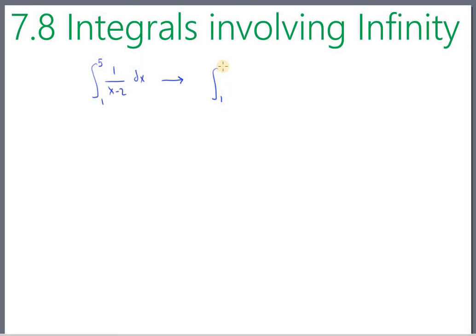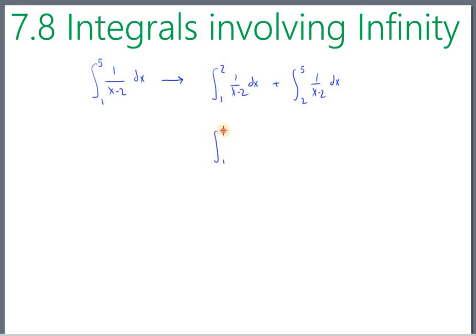We're going to have to do the integral from 1 to 2, so we're going to have to break it at the problem point. And then we'll add to that the integral from 2 to 5. For both of these integrals, we're going to replace the problem point with a t.